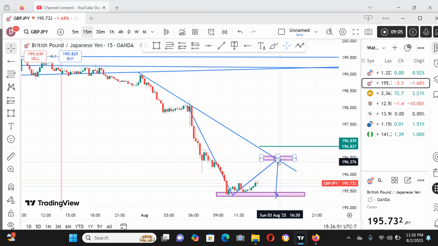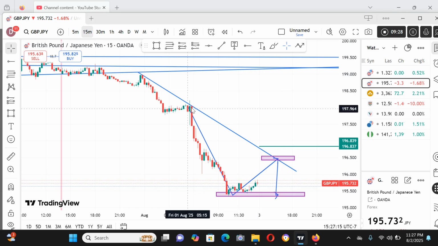If our risk to reward is not giving us at least 1:2, we ignore that trade. And then the distance between where our entry is and where we are placing our stop loss should not be too far. At least it should be around 20 pips, so that if the market happens to turn against us, we are not going to lose much.